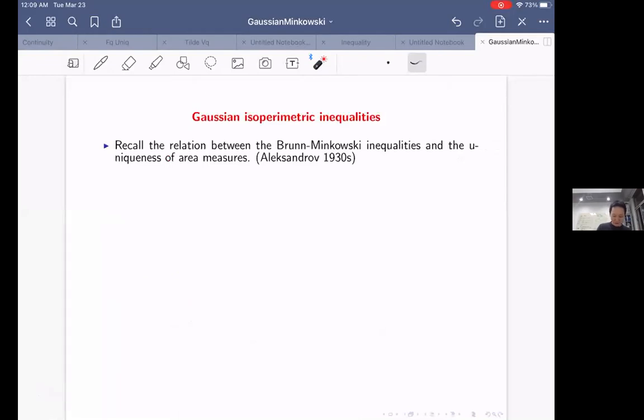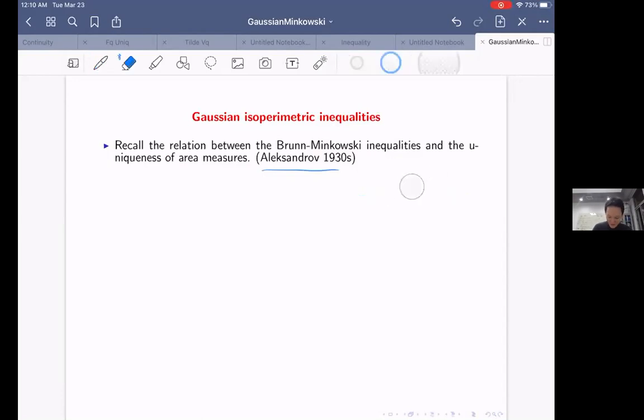Because, as we mentioned before, for the classical Brunn-Minkowski type inequalities and the area measures, there is an approach to differentiate the Brunn-Minkowski inequality, because the Brunn-Minkowski inequality describes the concavity, and we can differentiate to get some Minkowski type inequality, and then we could get the uniqueness of this measure, the surface area measures.